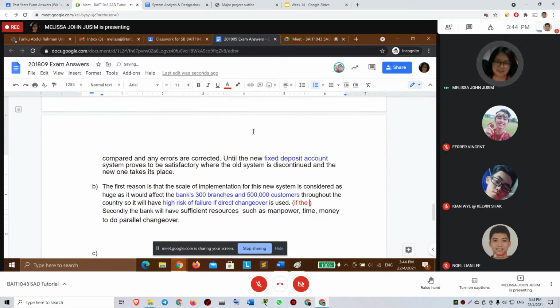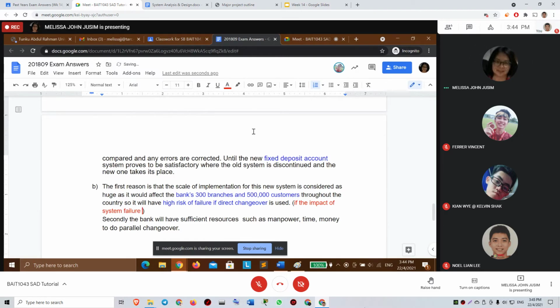If the impact of system failure will affect many branches, choose the less risky approach.